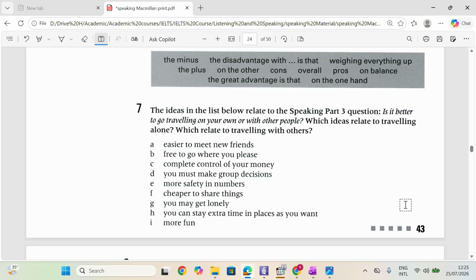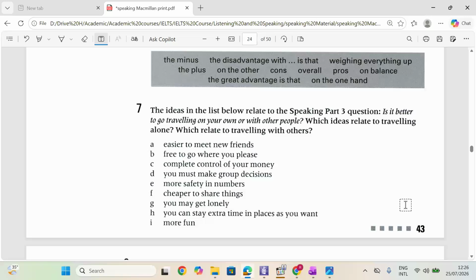Can weighing everything up have another meaning? It's like on balance. In another context, like what? It's like considering all aspects. So it's just in the conclusion, it can be used, not anywhere else?